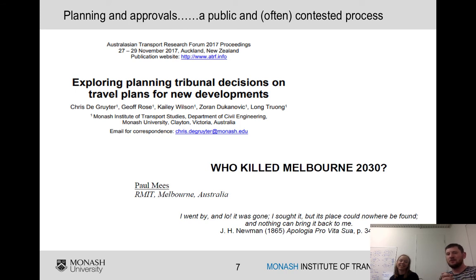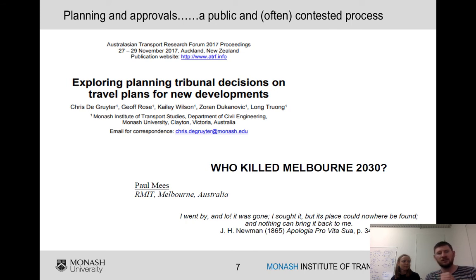It was a grand plan that we were going to change the way Melbourne looked, and we were going to get to 20% transit mode share by 2020. Then it didn't work out too well. I think that was the one that had the green wedges in it, and they disappeared because people who owned that land knew it was worth a lot of money if it wasn't a green wedge. So it's a very contested area.